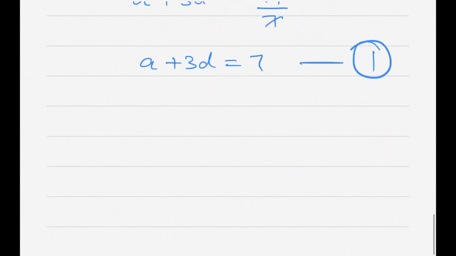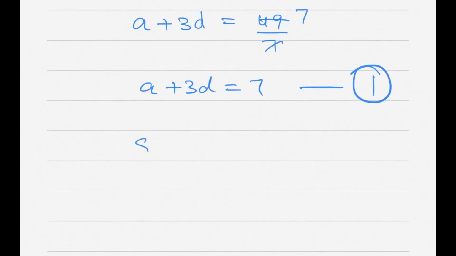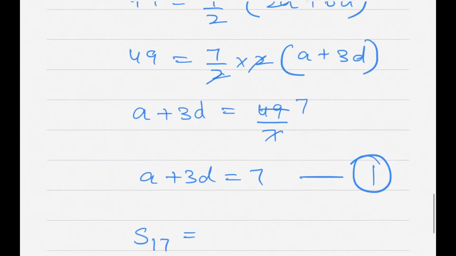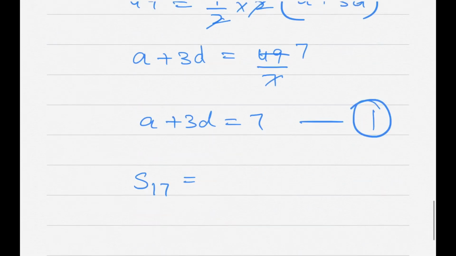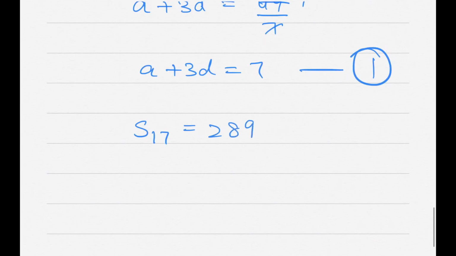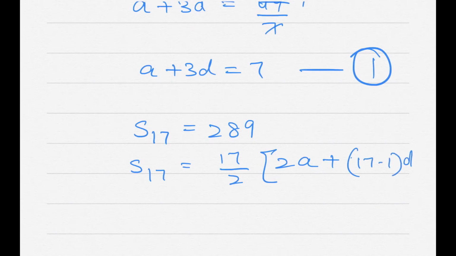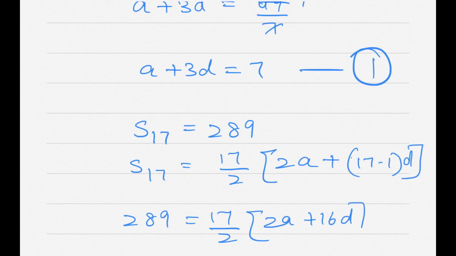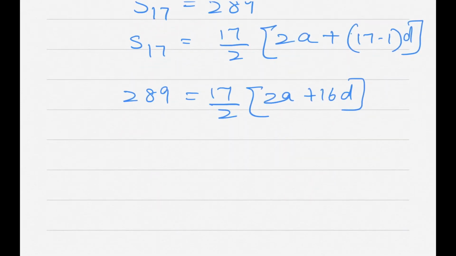Then the second is 17 terms. The sum of 17 terms is given to me as 289. So I can write S17 is equal to 17 by 2 into 2a plus 17 minus 1 into d. Now this is given as 289 is equal to 17 by 2 into 2a plus 16d. Again I can take 2 common and 17 this side.